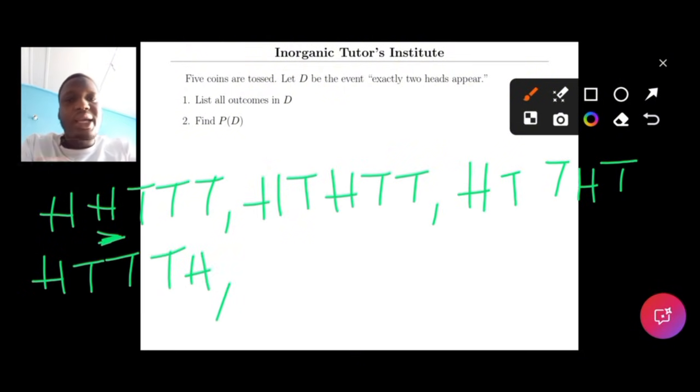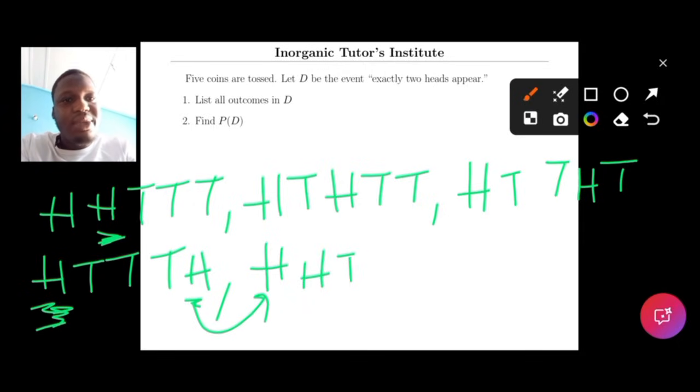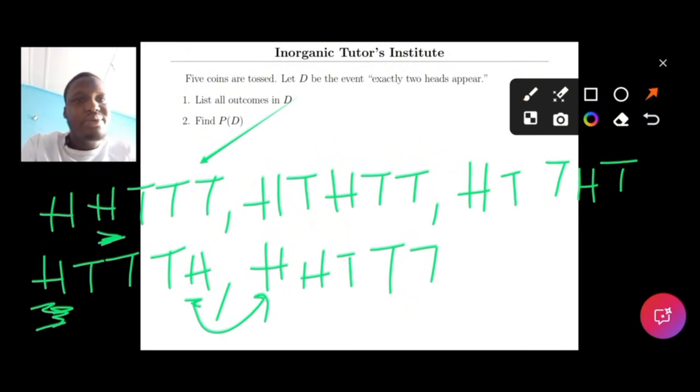Then thereafter, I'll bring this H here to the second position. And when you do that, don't start this at 1. Don't bring this to 1 like this, no. If you do that, it will be the same as this.